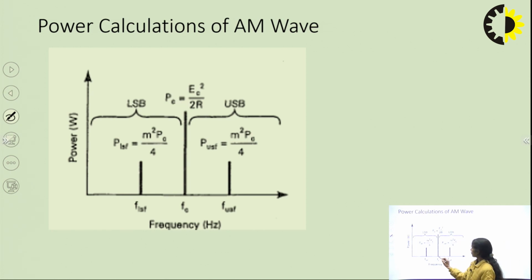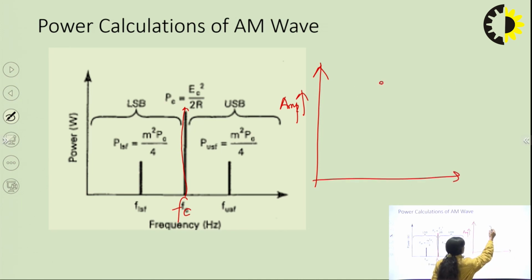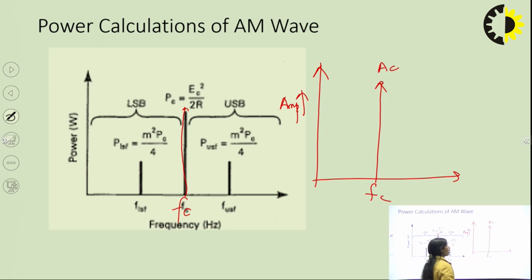If we first consider the carrier part, this can be represented at Fc. This is basically drawn for the power calculation. If I draw it for the amplitude part, this is amplitude and this is frequency. Let us suppose this is the carrier frequency Fc, which has an amplitude Ac, and we have another 2 bands, on the upper side and the lower side.